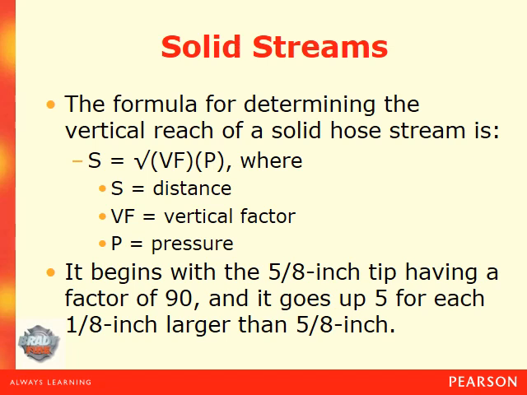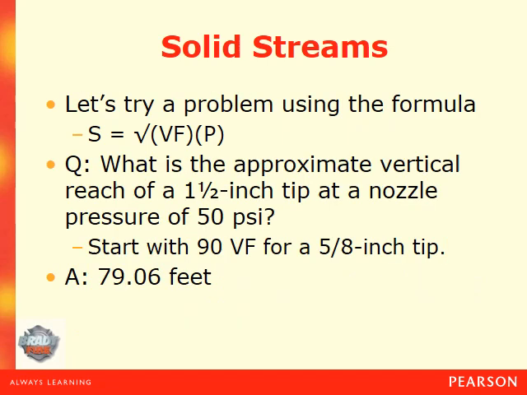So it begins with a 5/8 inch tip having a factor of 90, and it goes up by 5 for each 1/8 of an inch larger than a 5/8 inch. So working out our formula here, S equals the square root of our vertical factor, and that's off a 1.5 inch tip, which is going to be, can't forget our square root, 125, times our pressure, which is 50.